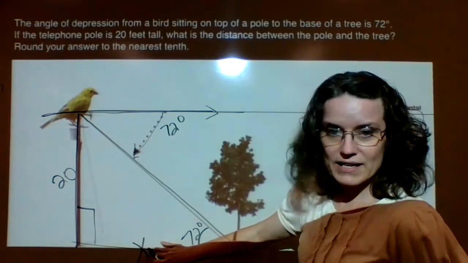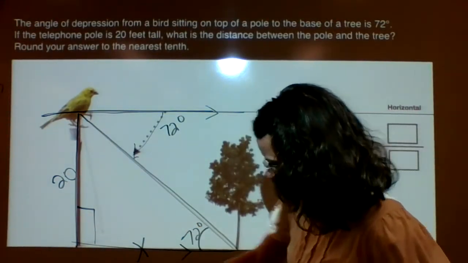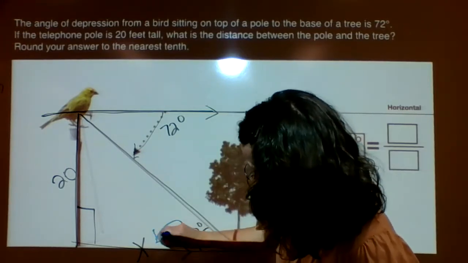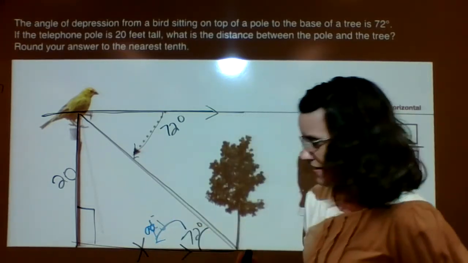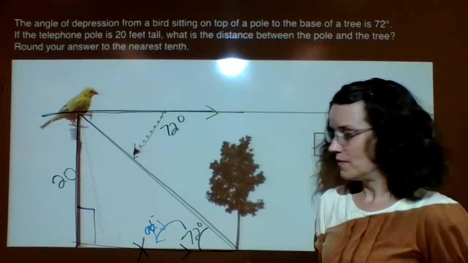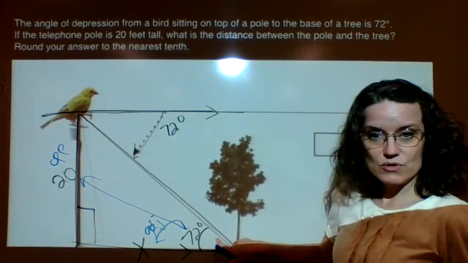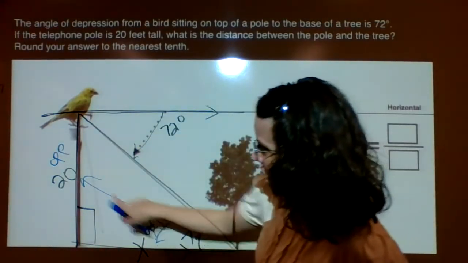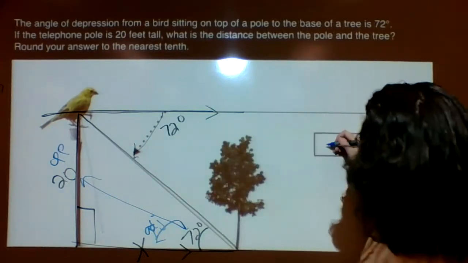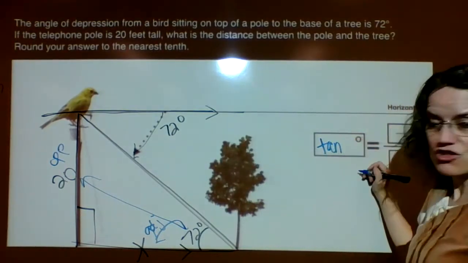Well, I want to find this side, which is going to be adjacent to my 72 degree angle. The side that I know, the height of the pole, is opposite my 72 degree angle. So if I have opposite and adjacent, that tells me to use the tangent.